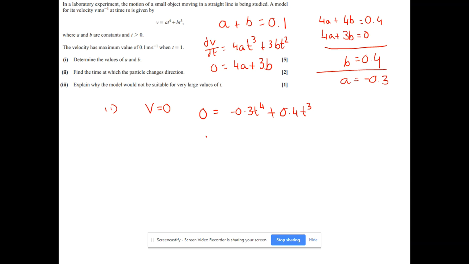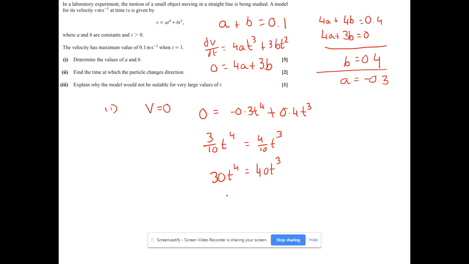I'm just going to change this to fractions and bring it to the other side. So we end up with 3 over 10 t to the 4 equals 4 over 10 t cubed, which means that we get 30 t to the 4 equals 40 t cubed.